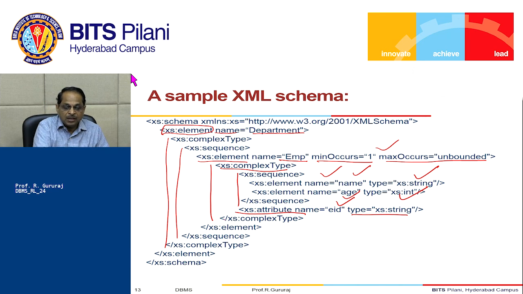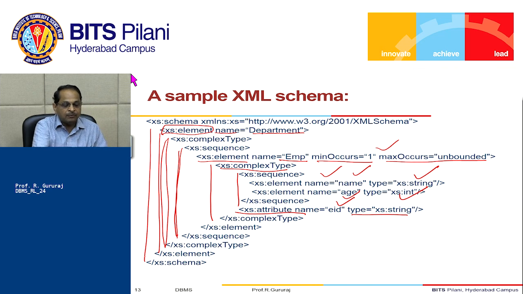So this is the end of the complex type element, then the end of the sequence, the end of the complex type, the end of the element, and the end of the XML schema. If you carefully observe, it exactly follows the syntax of any XML document. Hence, it is amenable to parsing by an XML parser.